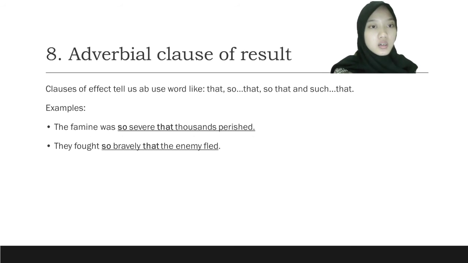So this clause tells us about a consequence of something that has happened, and the words usually used are so...that and such...that. Examples: The famine was so severe that thousands perished. They fought so bravely that the enemy fled.